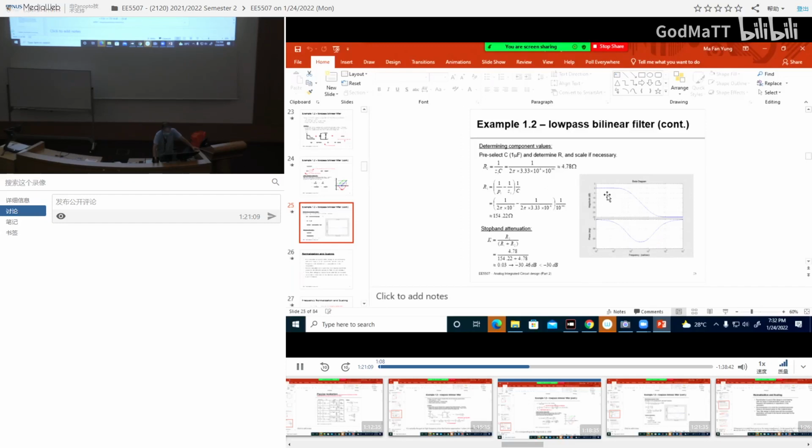If you use MATLAB or SPICE to simulate, you see that it looks like this: pole, zero. Then here is your phase shift. The phase shift at low frequency, DC, is 0 degrees. At high frequency it is also 0. Why? Because the phase shifts of the zero and the pole just cancel one another.